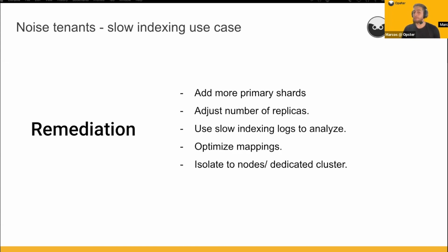And users also can use those structures that are not well defined. So defining a mapping and settings or templates will be very good. And the last remediation option I would like to discuss with you is to isolate the tenant to a node or a dedicated cluster. Hardware overcommitment is okay as well.